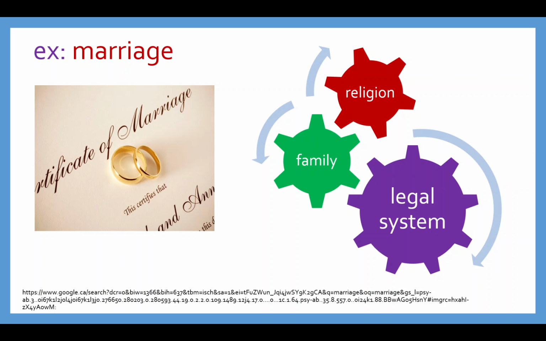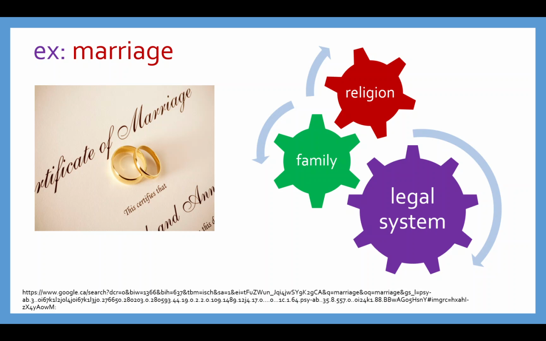The legal system also used to limit who could adopt a child, so that same-sex couples were excluded from that as well. That has since changed. So our social structure, the legal system, affected another social structure, the family, and this was also affected by religion.